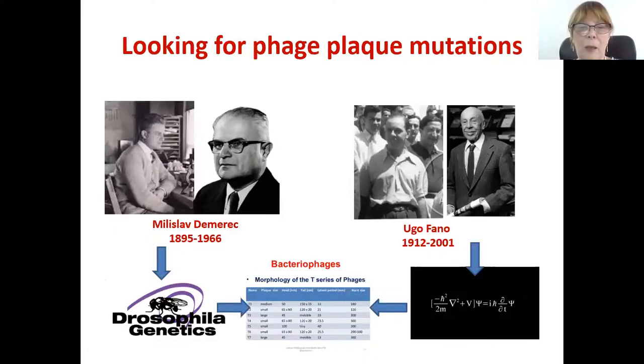Later on, Miloslav Demerec and Ugo Fano, two scientists who came from different fields.